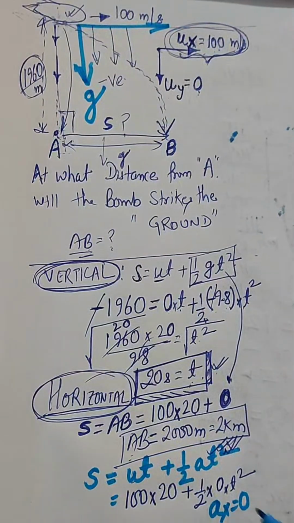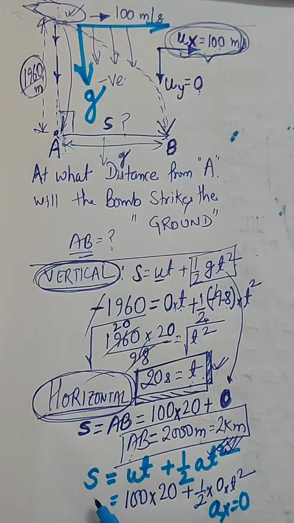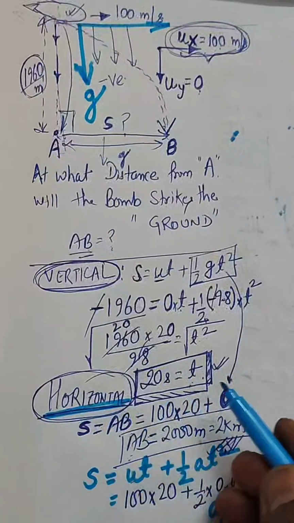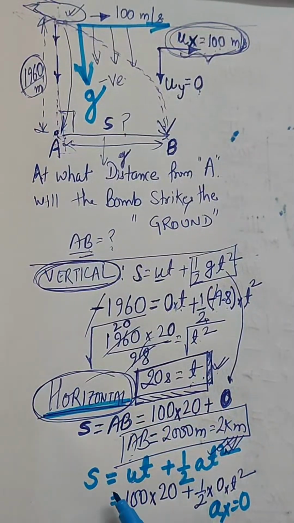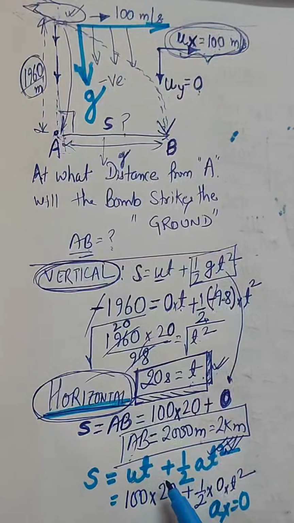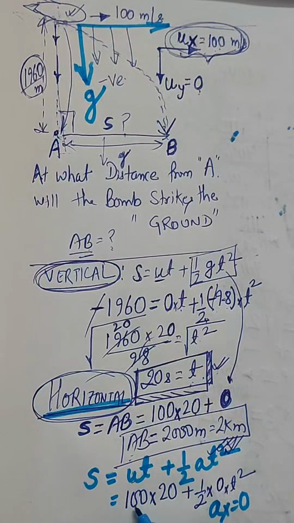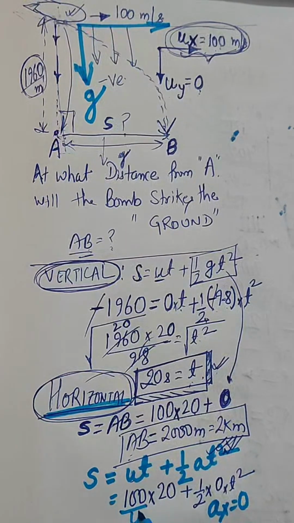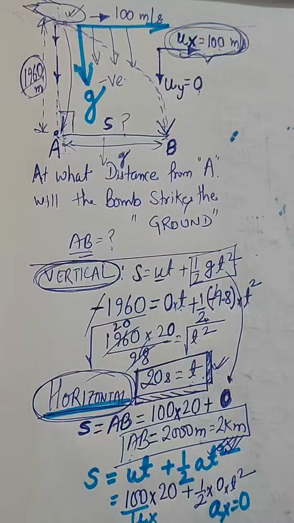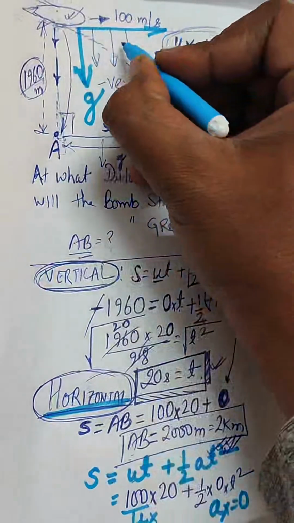So for the horizontal motion, when we apply the formula s equal to ut plus half at square, because this 100 is your ux, we write ux plus half at square, but ax in the horizontal direction is 0.